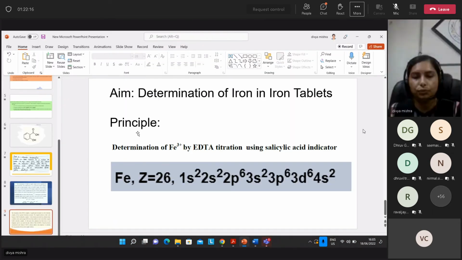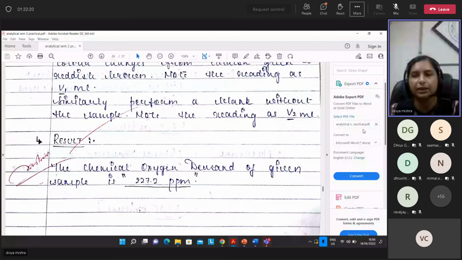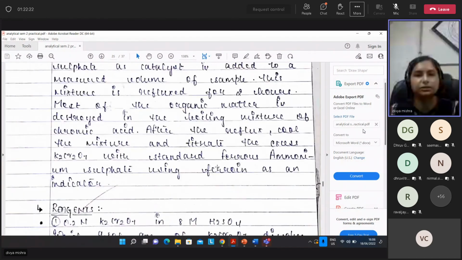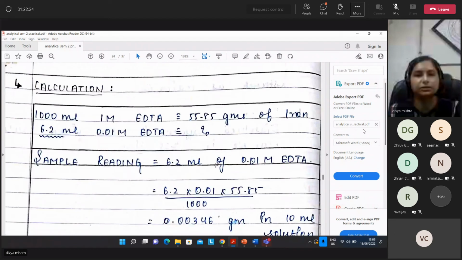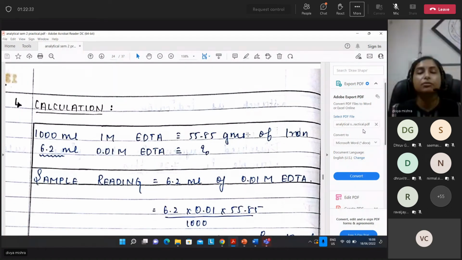So the calculation will look like this. For 1000 ml 1 molar EDTA, we will need 1 mole of iron. It means 1 mole of iron means 55.85 grams of weight.